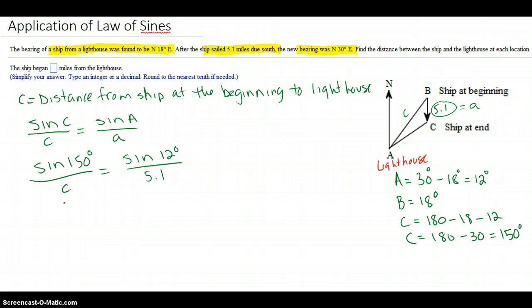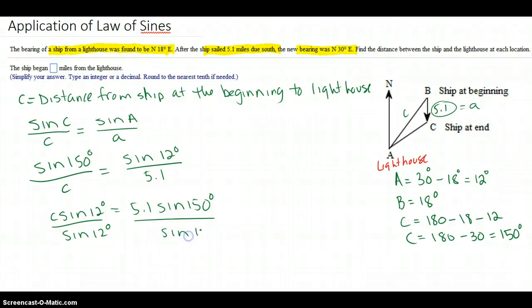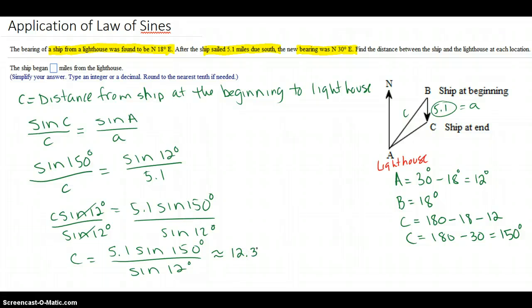So if we just cross multiply and divide both sides by sine of 12 degrees, we get the value of C. C is approximately 12.3.